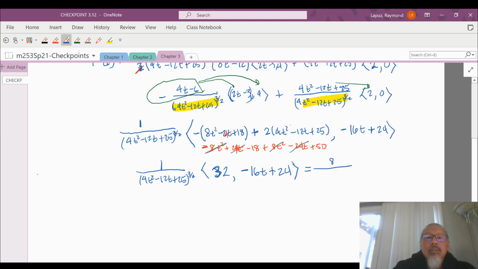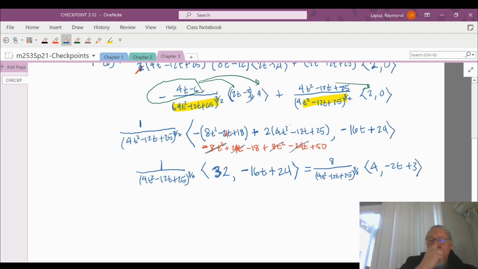We have 8 divided by 4t squared minus 12t plus 25 raised to the 3/2 power. And then now our vector, after we factor out an 8, will give us a 4 in the first component. And an 8 out of there is negative 2t, and an 8 out of there is 3.